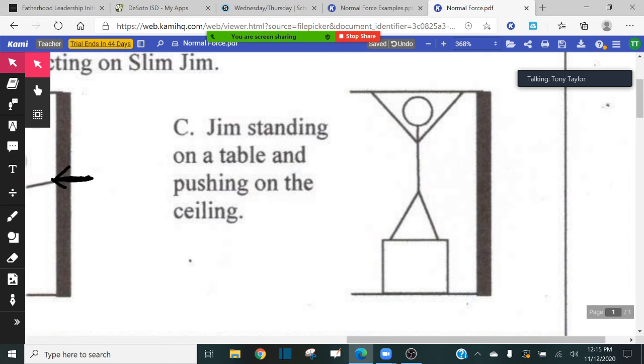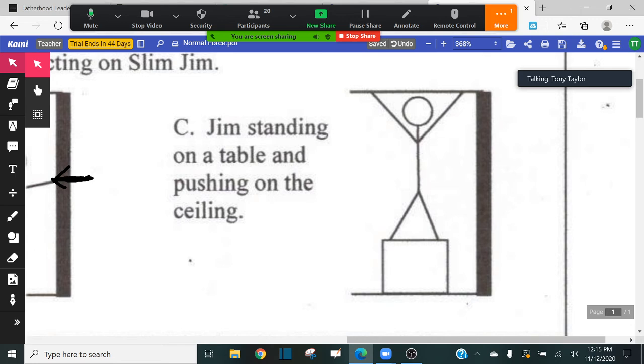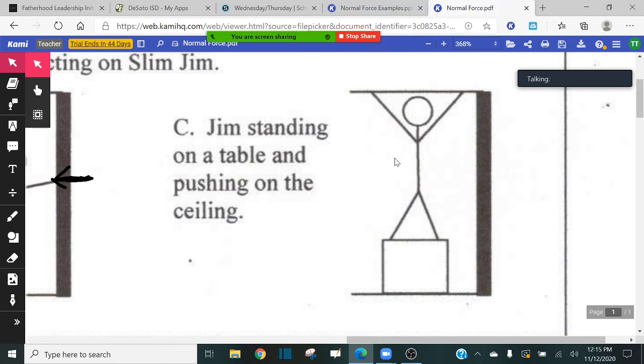Look at situation C. In situation C, it says Jim is standing on a table and pushing on the ceiling. Thanks, Anthony, for responding. So how many normal forces are we going to have here, guys?